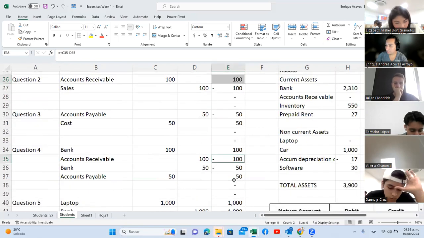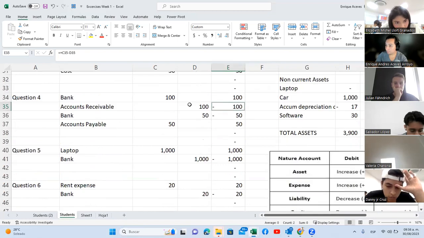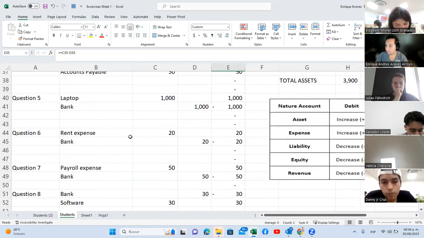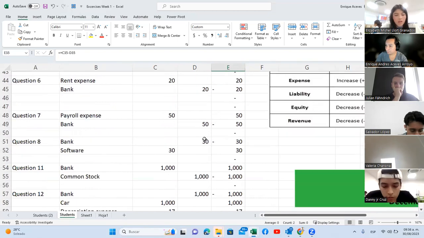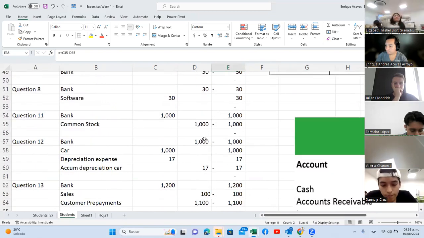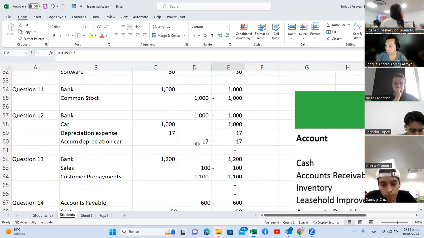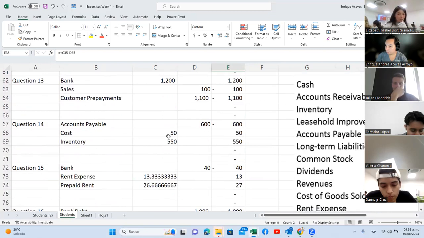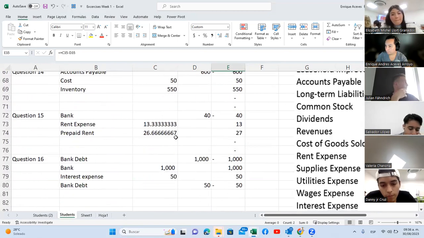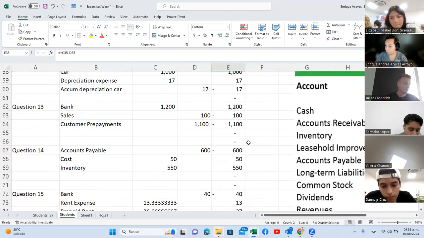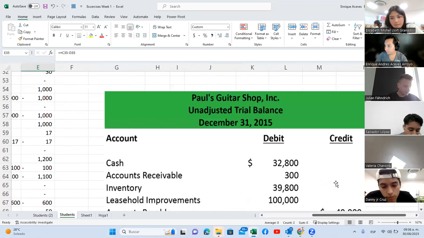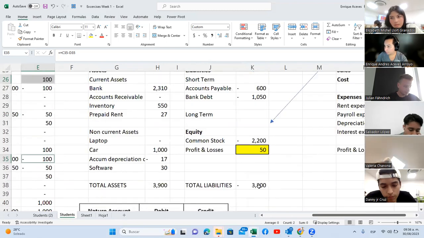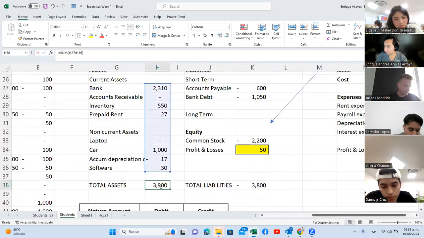Ahorita lo encuentro, ¿no? Tranquilos. ¿Dónde están esos 100? Common stock. Bank. Okay. Rent expense, prepaid rent. Nada más déjenme checarlas. También luego pasa que en las sumatorias esto está mal.